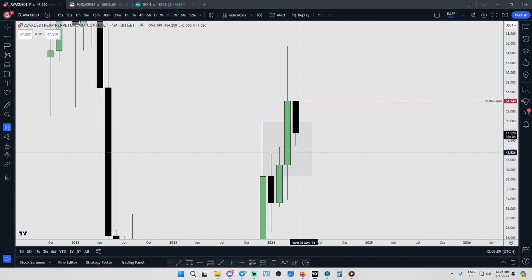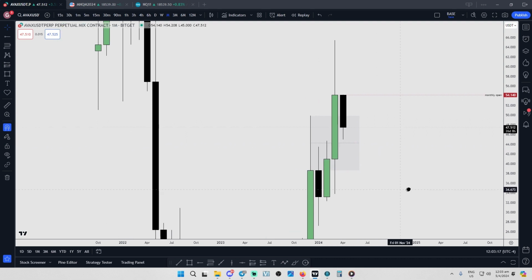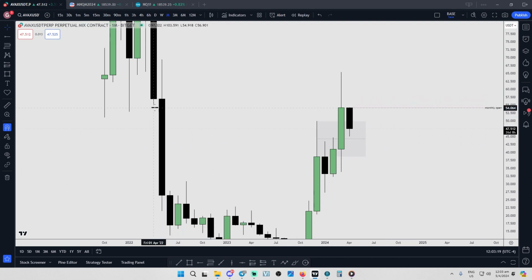Best case scenario, price on the monthly basis does not close below the consequent encroachment here. As you can see, we are trading above the 50% of this supposed bearish fair value gap here. So we are anticipating bullish prices due to the fact that we are closing above 50%.